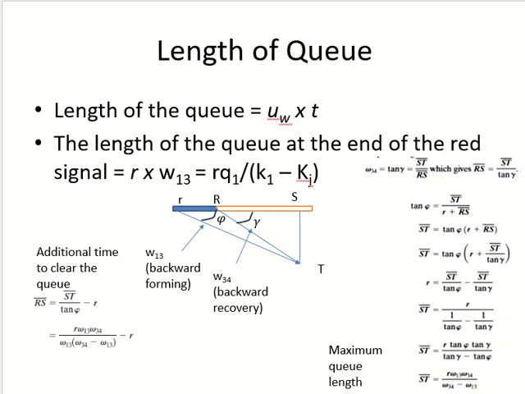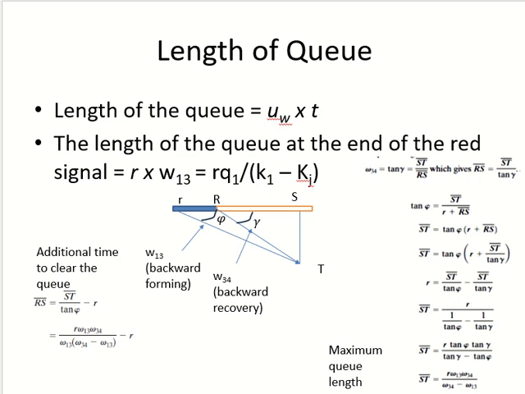Now, if you look at this diagram, on this axis I have time, on this axis I have distance. This is the time when the signal is red. There is a shock wave because of the signal: the signal became stationary and you started the shock wave. This is the queue.